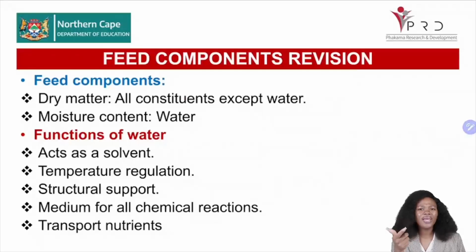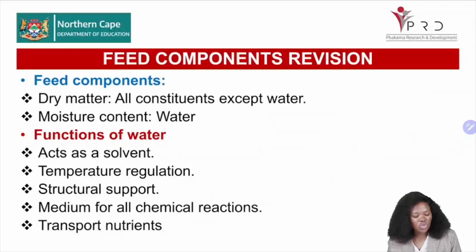Now, another thing that you need to take note of is the fact that each and every feed, whether a feed is a concentrate or a roughage, whether it is maize meal or lucerne hay, each and every feed consumed by a farm animal consists of 2 things.